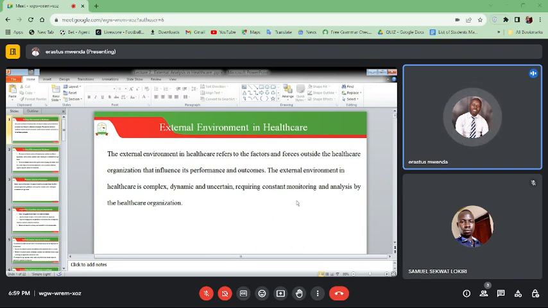Examples of the external environments, though we will also discuss them in the next few slides, we could just think about the regulatory environment as one of the external environments. And this refers to the environment around government regulations and policies. We could have, for example, policies on patients' rights.